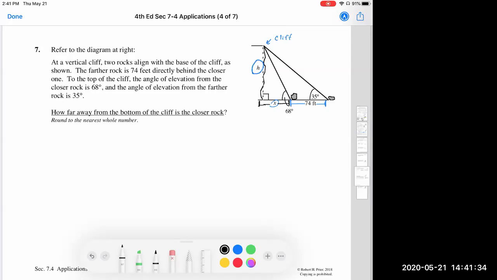So I have my 90-degree triangle, right? And I have this angle of 35.